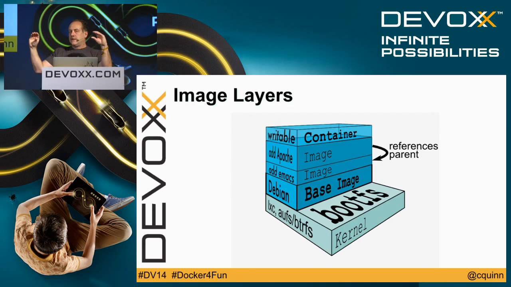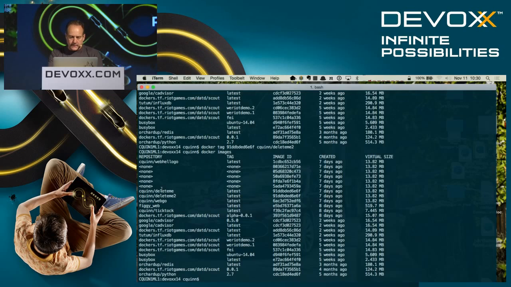Actually, I can go back and show how small that one was. So like the BusyBox Ubuntu 14.04 near the bottom, 5.6 megabytes. So that's like an entire startup environment for Ubuntu with all of the glibc and all the basic stuff in /etc.